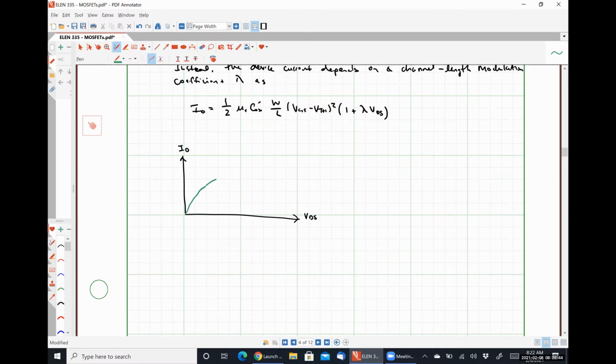We're going to see that it has this quadratic-like or parabolic curve until it hits this point, which is arbitrarily VGS minus VTH, and then without channel length modulation present, it would just be flat, but instead we see a linear increase in our device current as VDS increases.